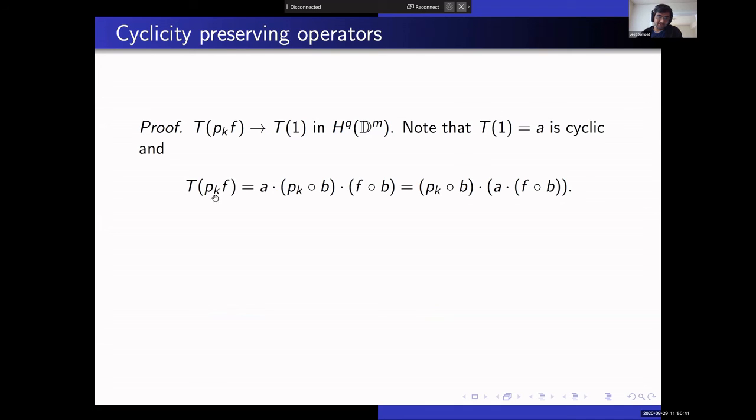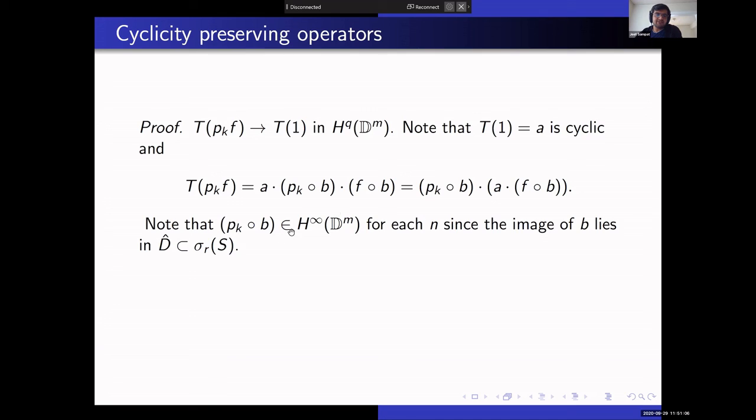So T of pkf is given by A times f of B, so A times pk of B times f of B. I'm going to separate this polynomial part out, and I get A times f of B, which is my TF. This is the stuff that I want to show is cyclic.